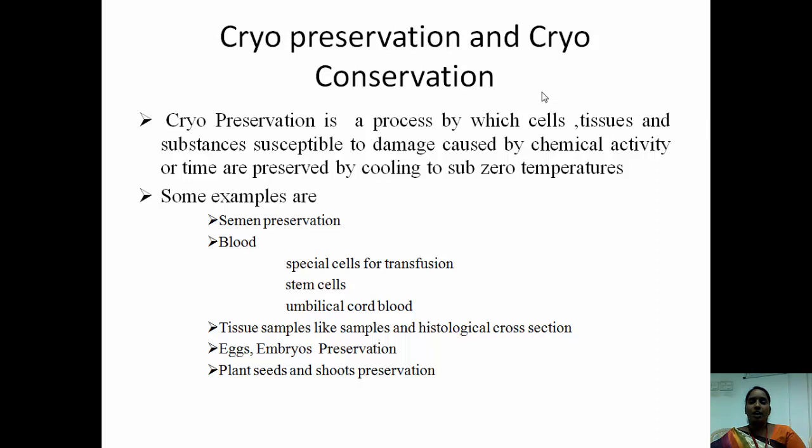Similarly, stem cells and umbilical cord blood can be saved at extreme low temperature. Tissue samples like histological cross-sections can be saved, and eggs and embryos can be preserved using cryopreservation. Plant seeds and shoot preservation, etc. can also be done by cryopreservation, that is, by using the cryogenic temperature.